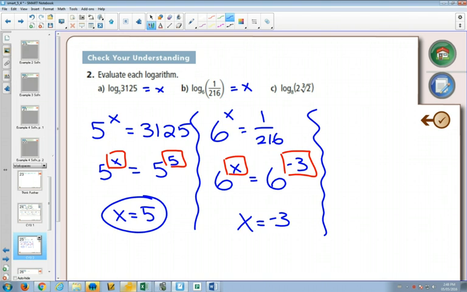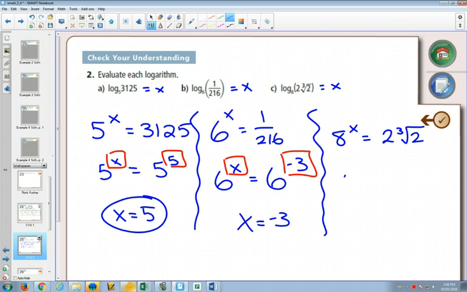So, again, change this to exponential form: 8 to the power x is equal to 2 cube root of 2. If we're non-calculator, we try to get these as the same base. So are all these numbers in the same column of our powers chart? Yes, they're all powers of 2.